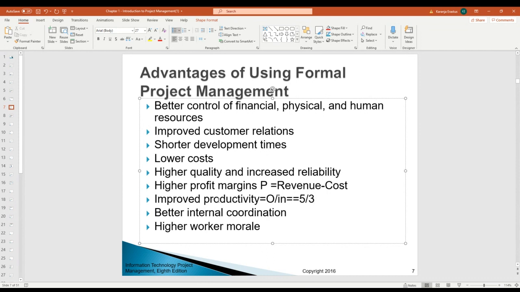So how do you improve your productivity? Instead of getting 5 over 3, let's get a number that's easier for you to see. If we have 6 divided by 3, that's going to give us 2, correct? Yeah. So how can you make sure that you get a number that's greater than 2?